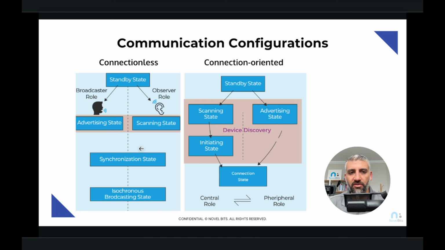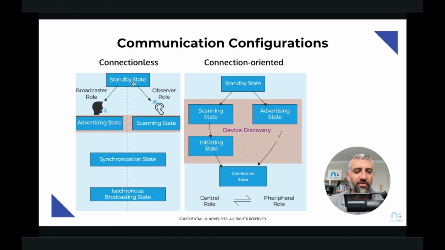So the common modes for a Bluetooth Low Energy device are what's called connectionless communication or connection-oriented. Now, in our case, we are going to be focusing on connectionless, or at least staying in that state. We could still be in a connection-oriented configuration, but before the actual connection is established between the two devices, we're still in a state similar to connectionless.